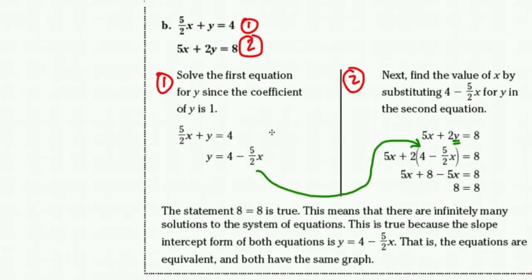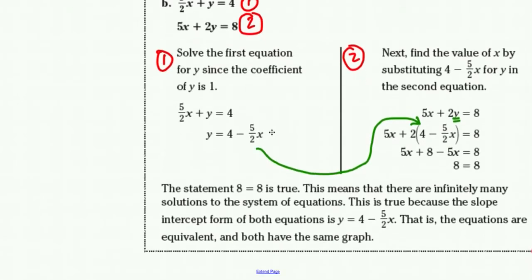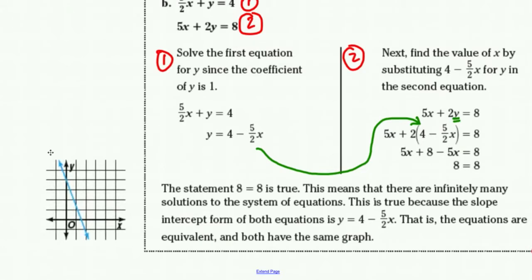That means they lie on top of each other, so the equations are equivalent and both have the same graph. This is actually both their graphs right here. When you end up with this type of result, you have infinitely many solutions for your system of equations.